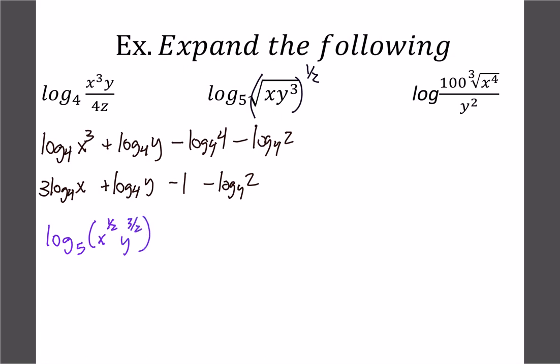Now we're ready to expand it. We'd have log base 5 of x to the 1/2 plus log base 5 of y to the 3/2, and we can use that rule where we bring it down in front, so that'd be the same thing as 1/2 log base 5 of x and 3/2 log base 5 of y.